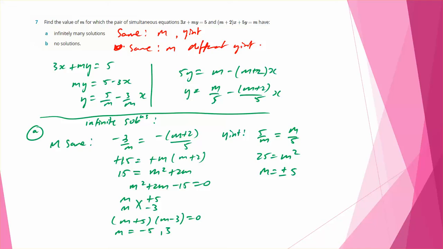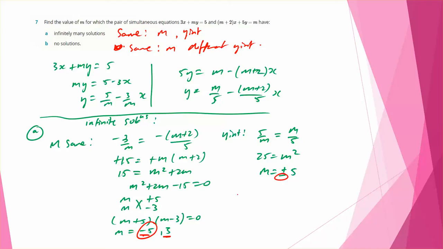Now, looking at the equation, we've got a small dilemma, because in order for the gradient to be the same, m has to be -5 or 3. And for the y-intercept to be the same, it has to be either +5 or -5. So the only value in which they both agree happens to be when m equals -5.